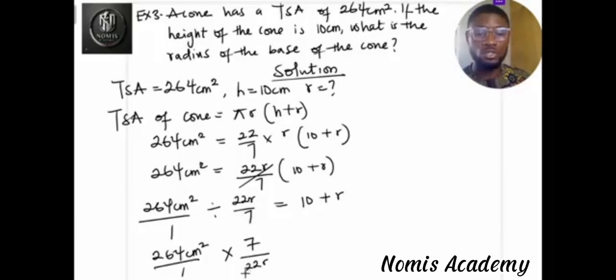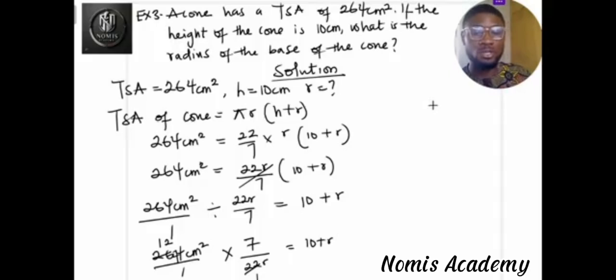So let me go with 22. 22 here 1. 22 in 26 is 1, remainder 4. 22 in 44 is 2. So I'm left with 12 centimeters squared multiplied by 7 equal to 10 plus r.